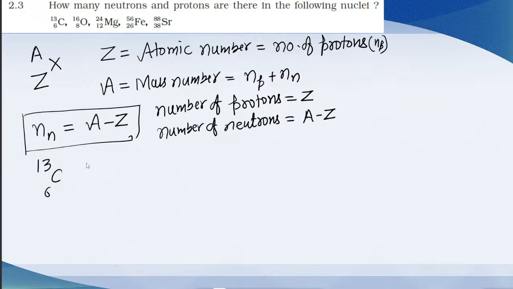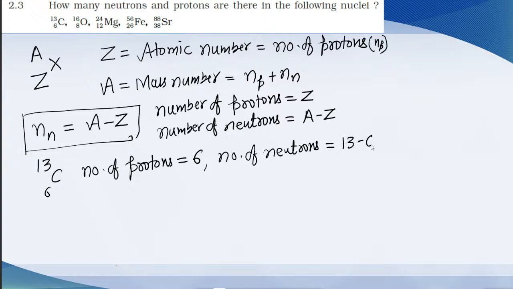ZXA. So how many protons will there be in this? Yes, number of protons equal to 6 and number of neutrons equal to A minus Z, that means 13 minus 6, 7.